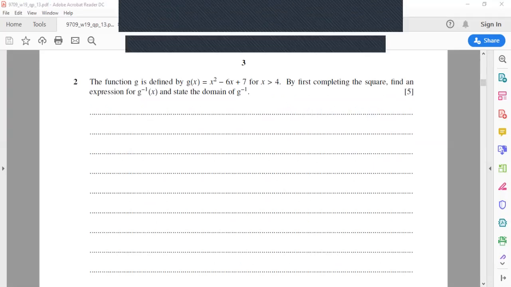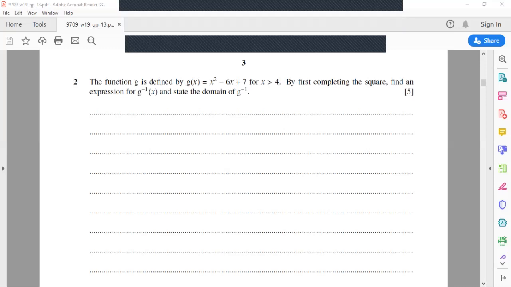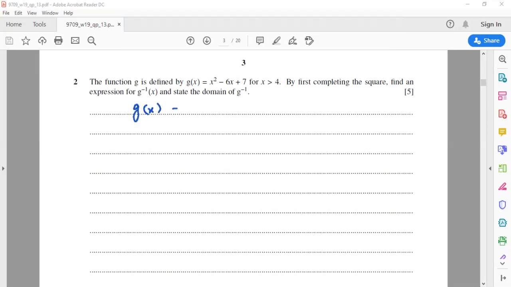When we want to convert something to completing square, we write it as a times (x minus h) whole square plus k, where h is actually minus b over 2a, and the value of k is f of h. So minus b means here it is minus 6, so minus minus becomes plus 6 over 2a, and a is 1 over here, so it becomes 3.